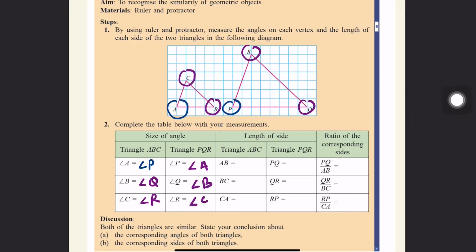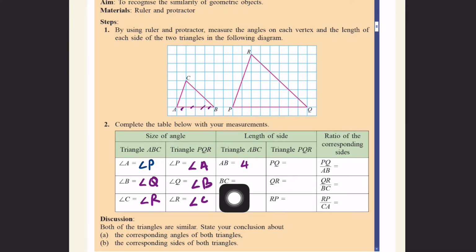Next, let's calculate the length of the sides. For AB, let's look over here: 1, 2, 3, 4. We have 4 units. Then BC: 1, 2, 3, for example 3.